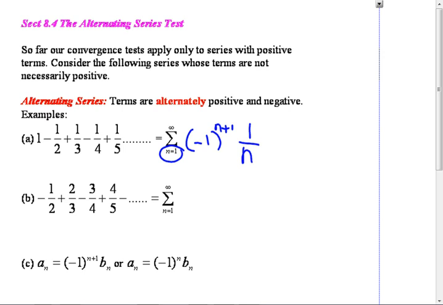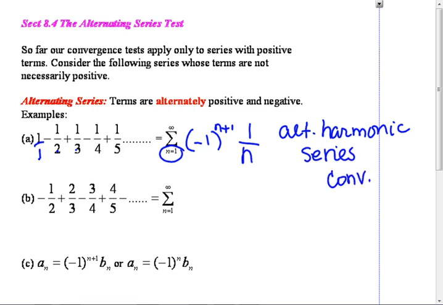Because this is 1 over 1. n is 1, n is 2, n is 3, 4, 5. This is called the alternating harmonic series. And it converges. The regular 1 over n, the harmonic, does not converge. But if the signs alternate, it converges. Alternating harmonic series.